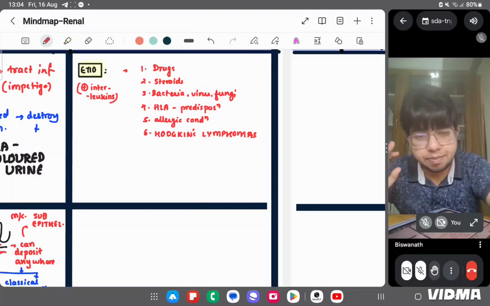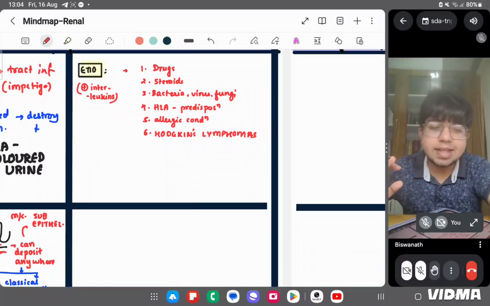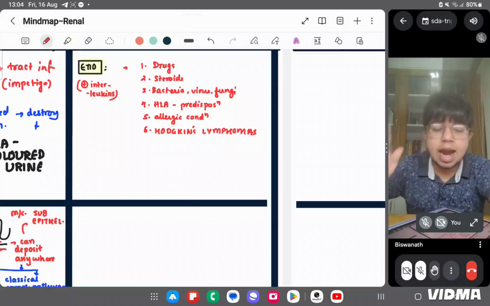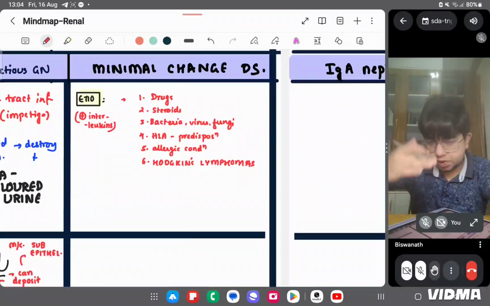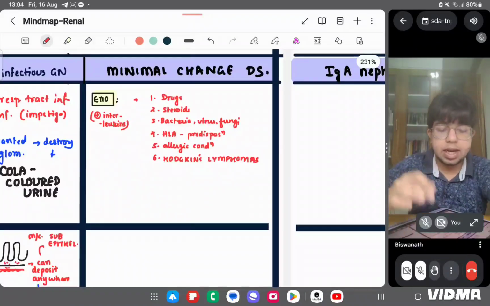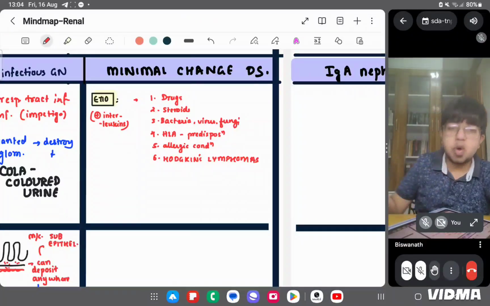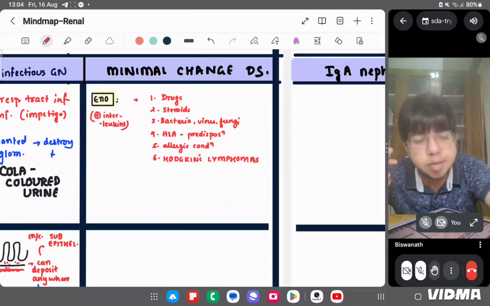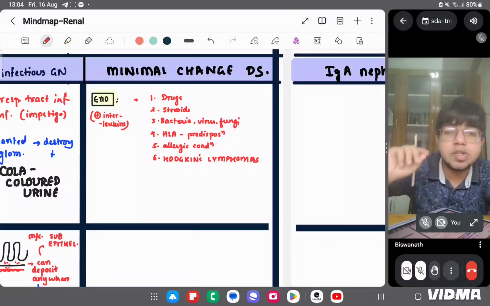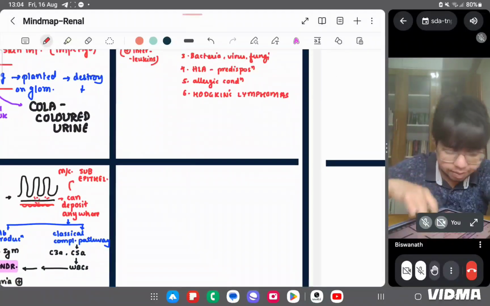Pathogenesis is very simple. Pathogenesis is basically an activation of interleukins, and all these etiologies which I wrote will cause an activation of the interleukins, and this activation of interleukins will go on and destroy the foot processes of the podocyte cells of the glomerulus. Okay.